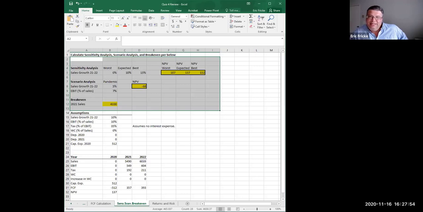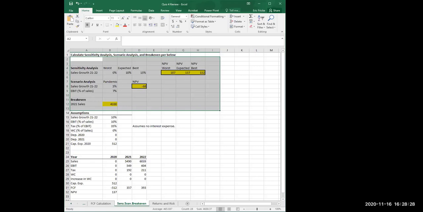In your investments class, we use GoalSeek. In your operations management class, I'm sure you use GoalSeek, but for this class, I'm not requiring it. As far as I'm concerned, if you can guess a number and get there within 20 seconds, that's fine. I didn't think it was the most important thing to practice another tool in Excel for our purposes here.